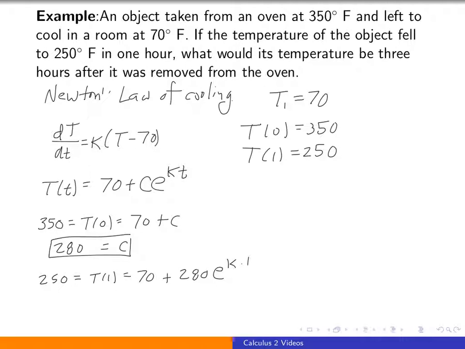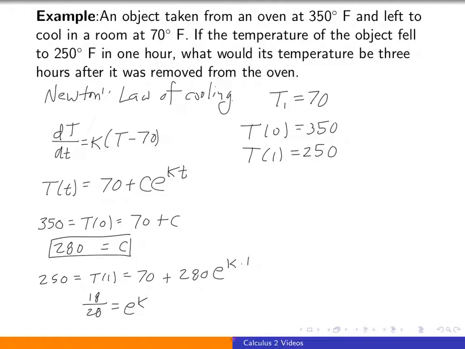Let's do some quick algebra here. 250 minus 70 is 180, divided by 280. So we have 18 over 28, equals e to the k.